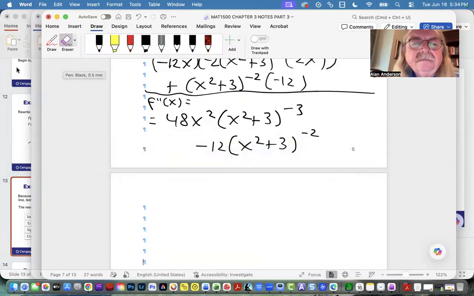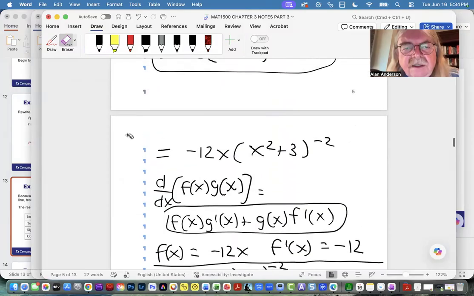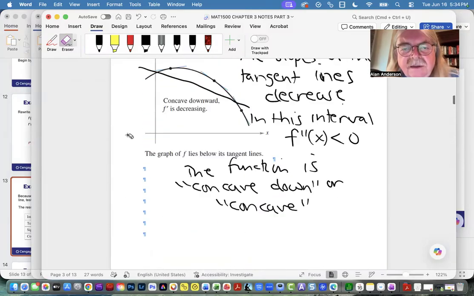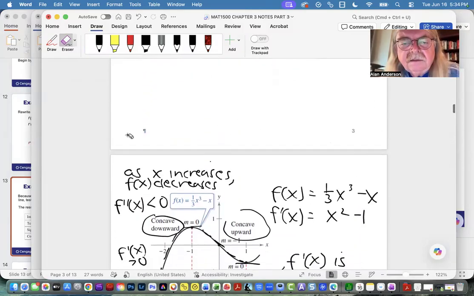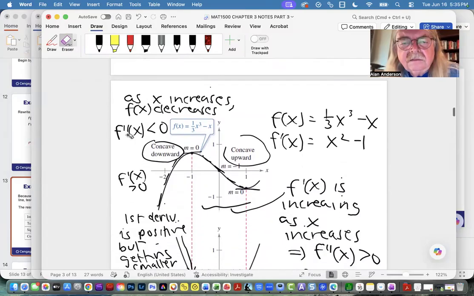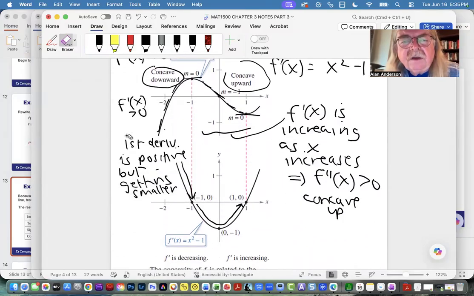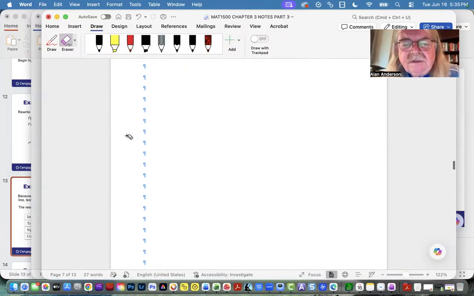So let's go back to one of the graphs again. All right, so what they're going to have us do is set this equal to 0.